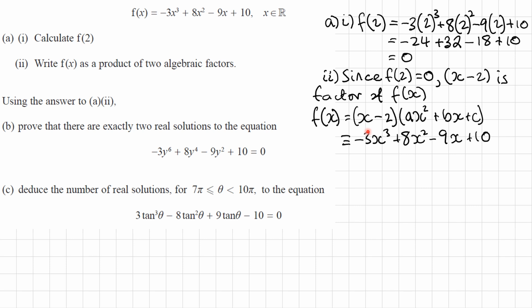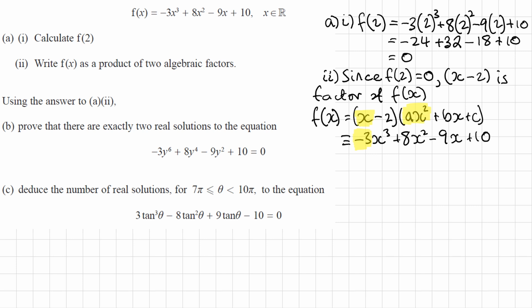Now the easiest way to find two of the coefficients is to look at the first term and the last term. Now to get this negative 3, which is the coefficient of the x cubed, that will come from multiplying x and ax squared.